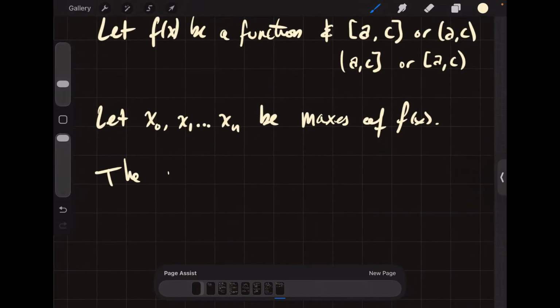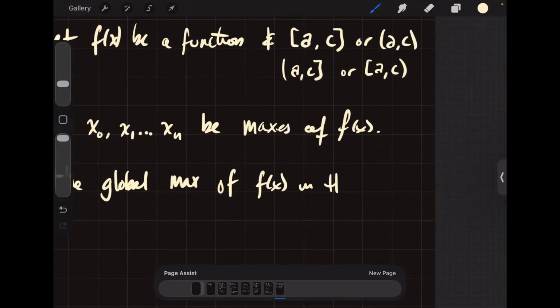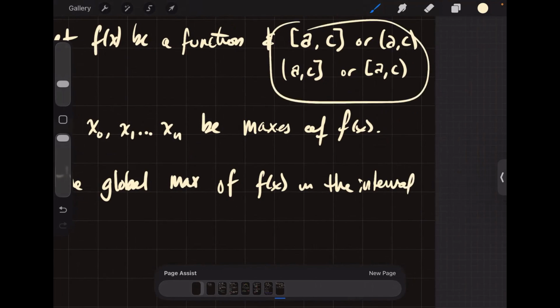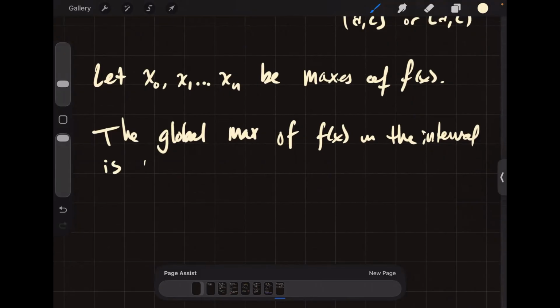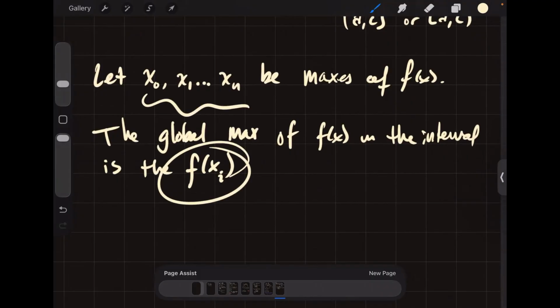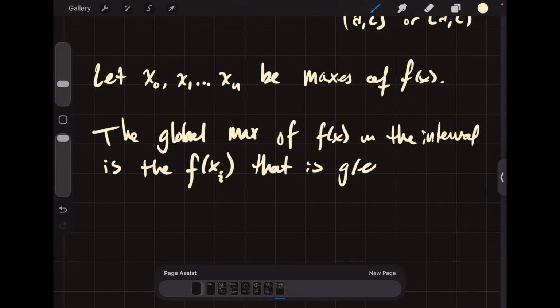The global max of f of x in the interval is the greatest of any of these f of xi, such that xi still lives inside your interval.